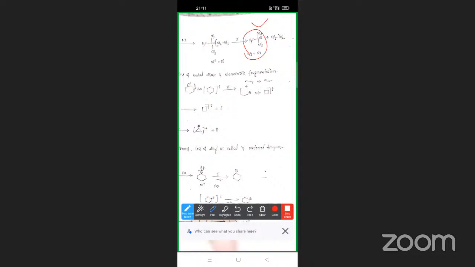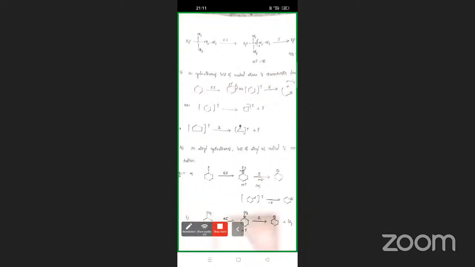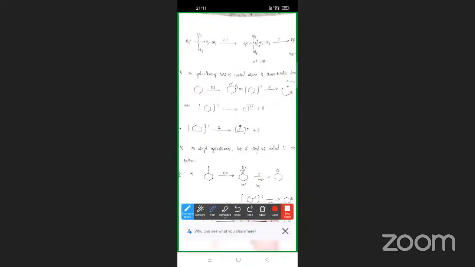For example, if you do this fragmentation here and remove this methyl, then you get a primary carbocation, through heterolysis. So you get this CH2 plus, which is a primary carbocation.